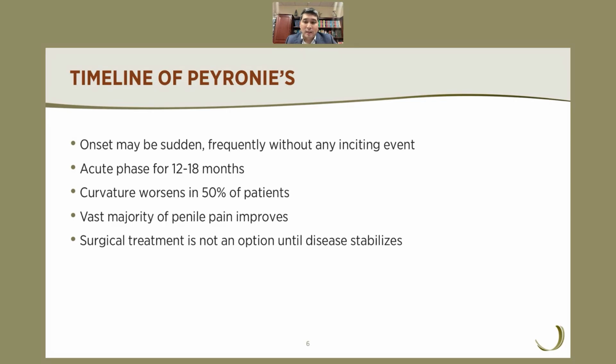And then it's important to distinguish between the active versus the stable phase of Peyronie's because treatment options are very different as well. So essentially, surgery is not an option during the active phase because we don't want to operate on a patient to correct that curvature to make it straight, only to find out later that the disease causes worsening of that curvature and we have to operate again.